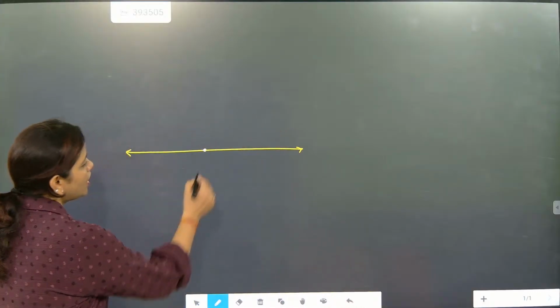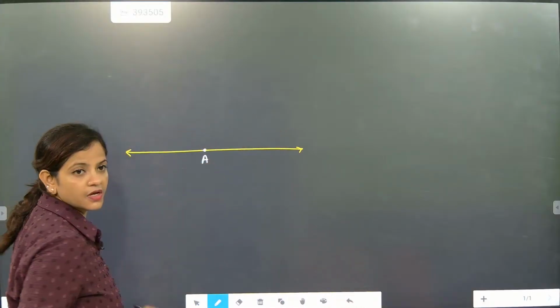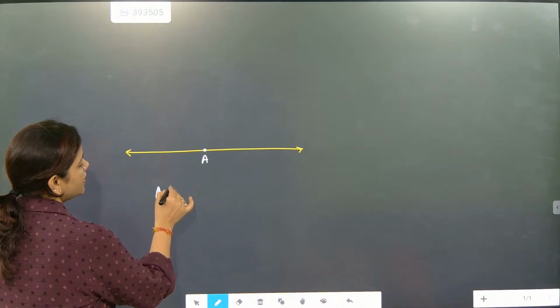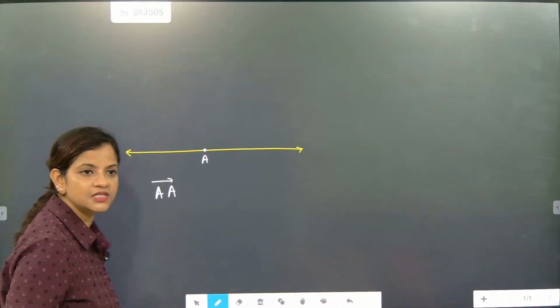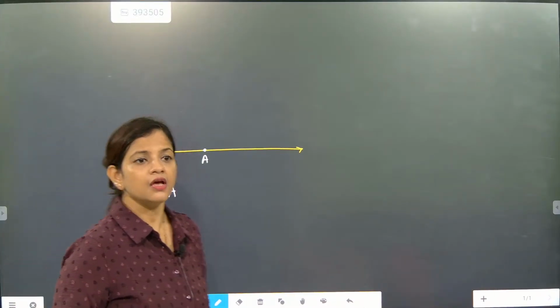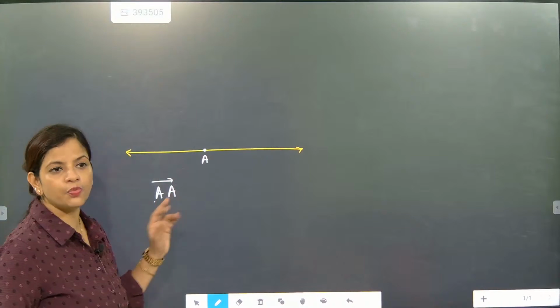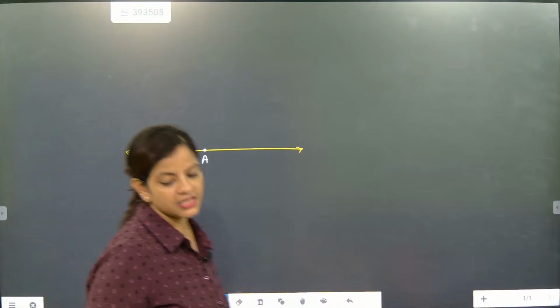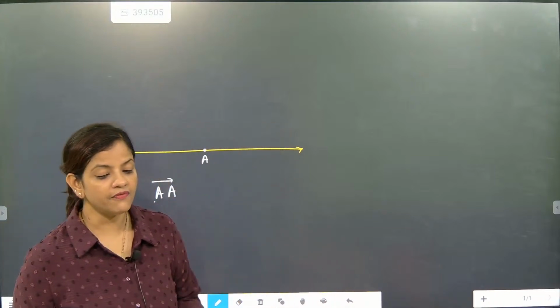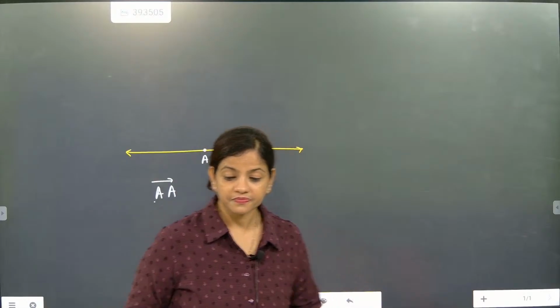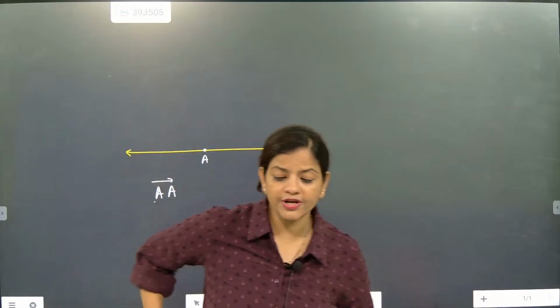Got it? So how to represent a null vector? The vector AA is always considered as null vector. Why? Because the initial and terminal points are both same. So for a null vector, initial and terminal points are same.